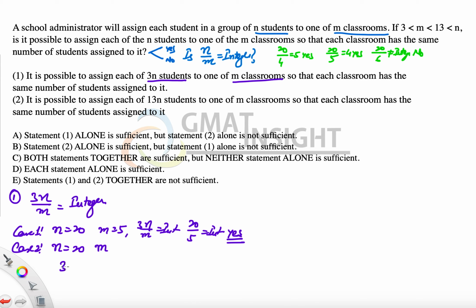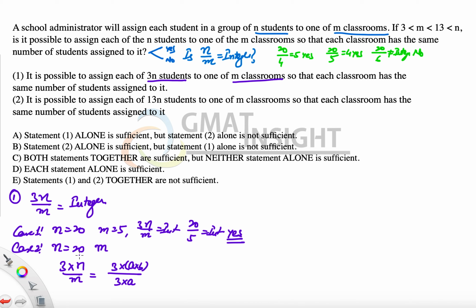So what I'm doing is, I have 3 here and I have n here and m in the denominator. So I would like to utilize the opportunity in such a way that m is a multiple of 3 and n is a multiple of a. So by doing so, a into b is not divisible by 3a essentially, because b may not be a multiple of 3, but 3 times a into b is divisible by 3a.